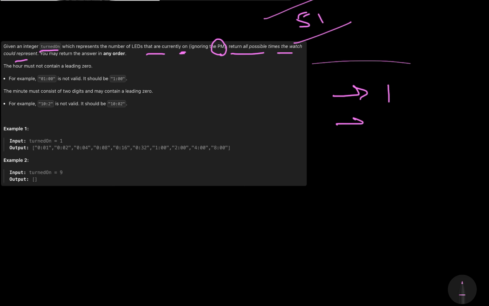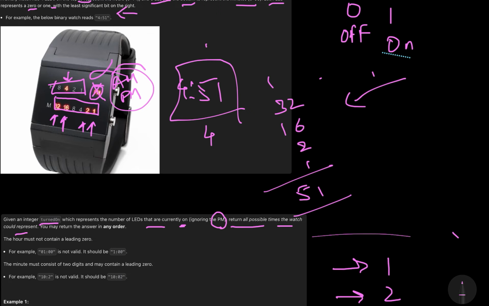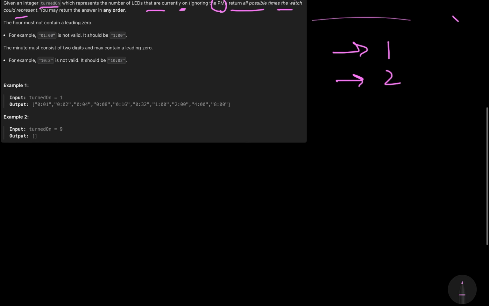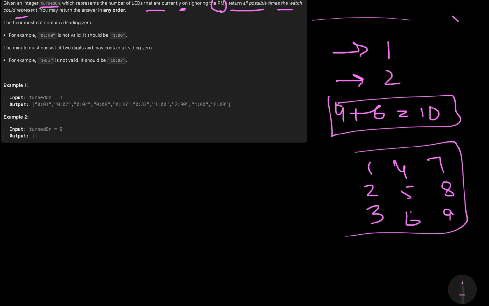So the number of LEDs turned on is 1, 2, and so on. We have 4 hour LEDs and 6 minute LEDs, so in total we have 10 LEDs. So turnedOn can be 1, 2, 3, up to 9 and 10.